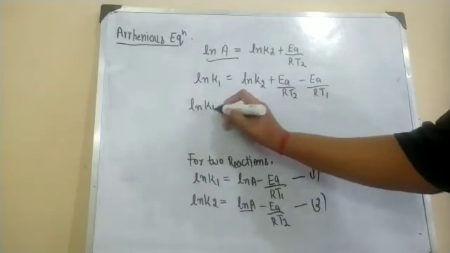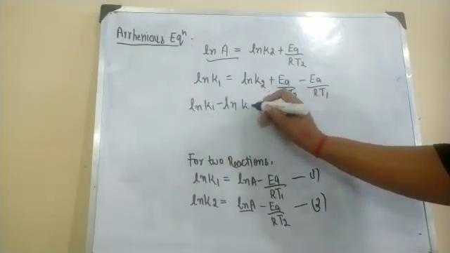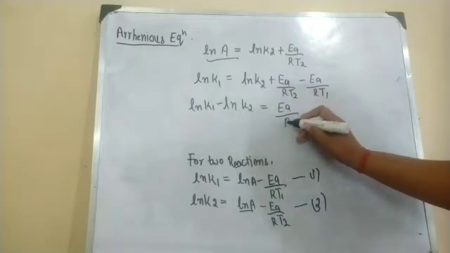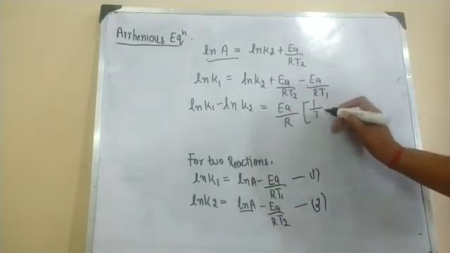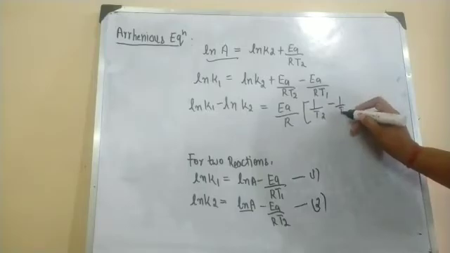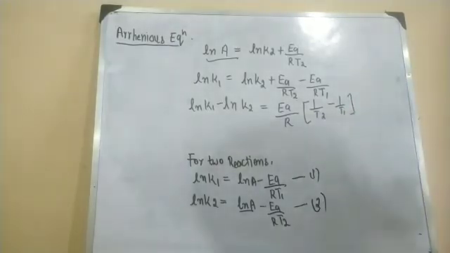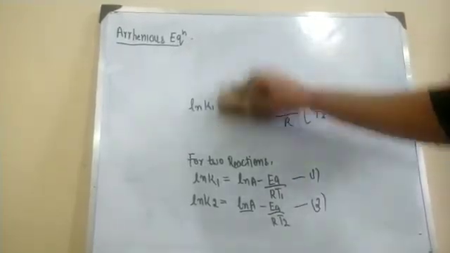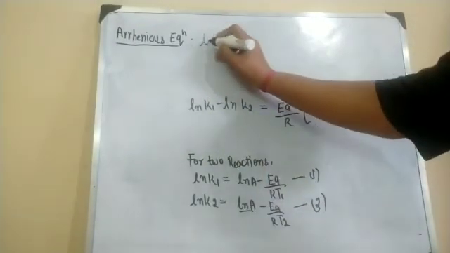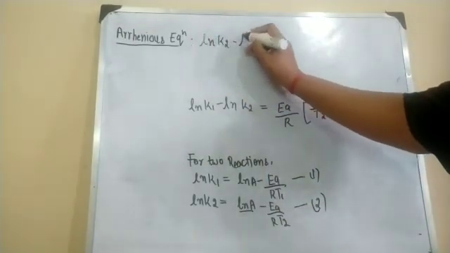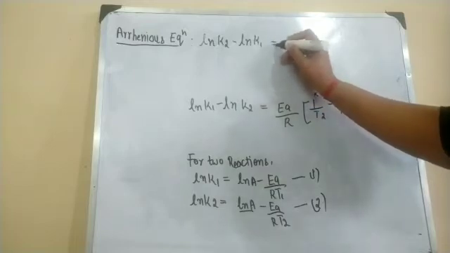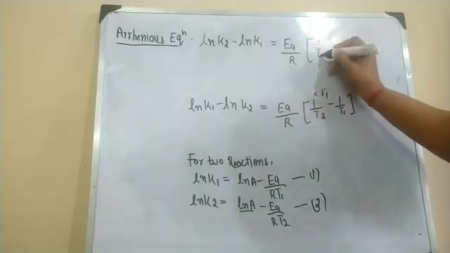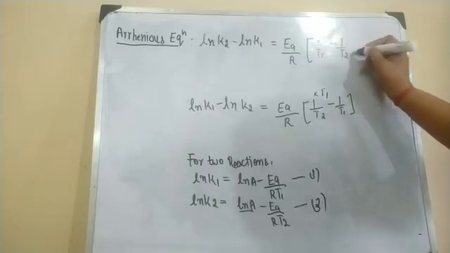Or I can write it as ln K1 minus ln K2. EA by R will become common from both the terms, right? Then I will multiply by minus on both sides. Then it will become ln K2 minus ln K1 equal to EA by R into 1 by T1 minus 1 by T2.